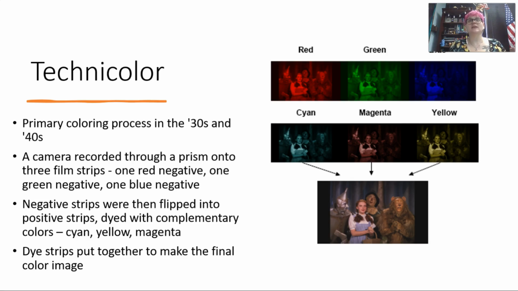Then in the Technicolor process, those three strips were taken and they were dyed with their complementary colors. So they created a cyan positive, a magenta positive, and a yellow positive, or their negatives. I get so confused. Then they put all of these strips together to make the final color image.